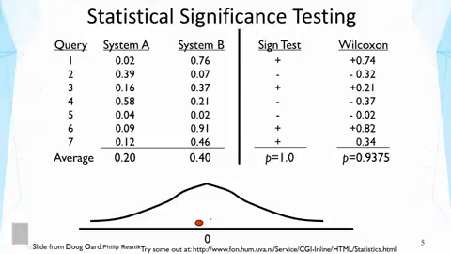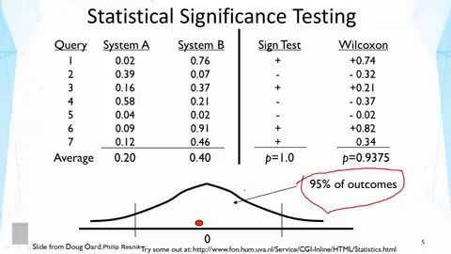Now, if we look at this picture, then we see that if a difference is observed here, then the chance is very high that this is in fact a random observation, right? We can define a region of likely observation because of random fluctuation, and this is 95% of all the outcomes. And in this interval, the observed values may still be from random fluctuation.